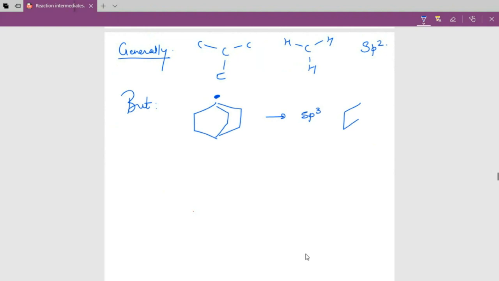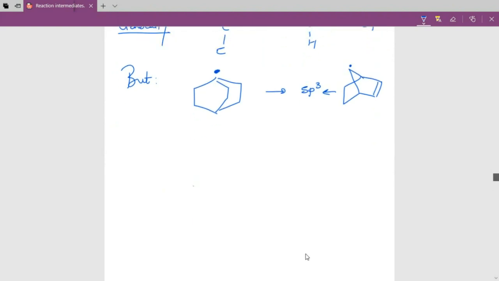If I have a bridgehead or a condition like this, there is no possibility that it can be planar. So it has a possibility of both. You cannot fix that this is the only hybridization for a radical.